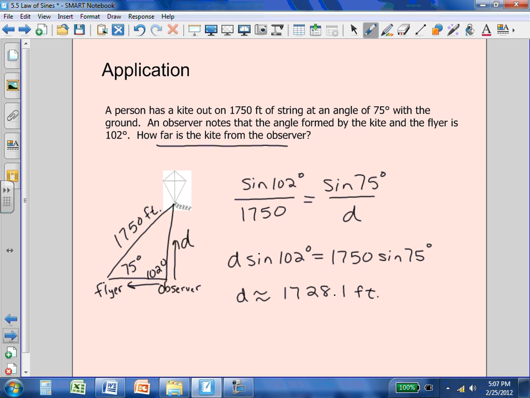And that seems reasonable because the 75 degree angle is smaller than the 102 degree angle. Therefore, the side that we are looking for, which is opposite 75, will be shorter than the length of the string for the kite, which is across from the 102.